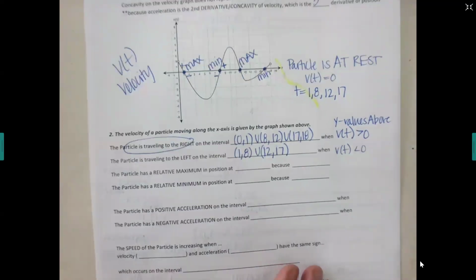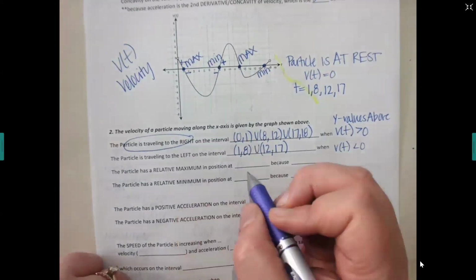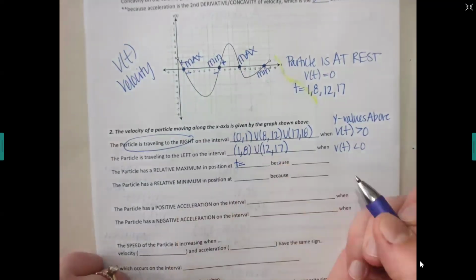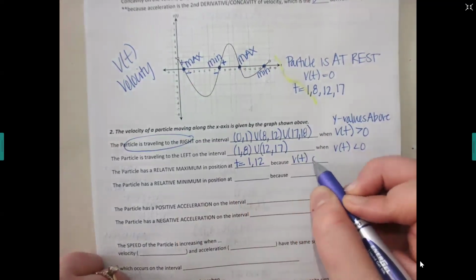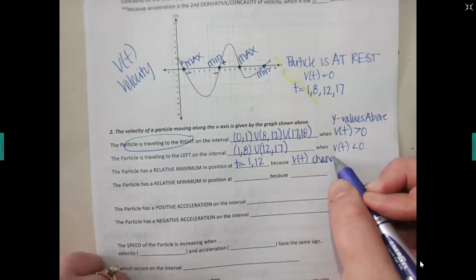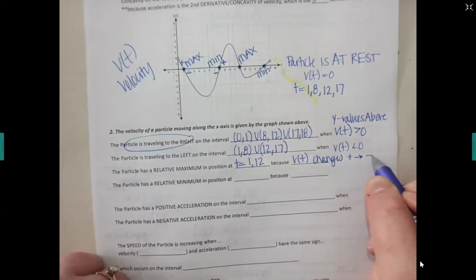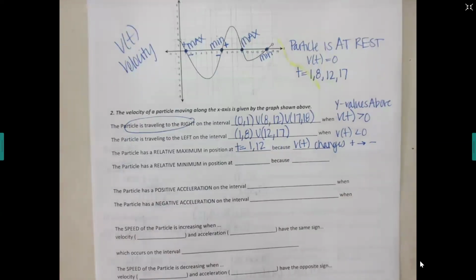Okay, let's fill in our blanks down here. We're going to have a relative max at t equals 1 and 12 because velocity changes from the positives to the negatives. Okay, write that down, see if that makes sense. Velocity changes from positive to negative makes it a max.